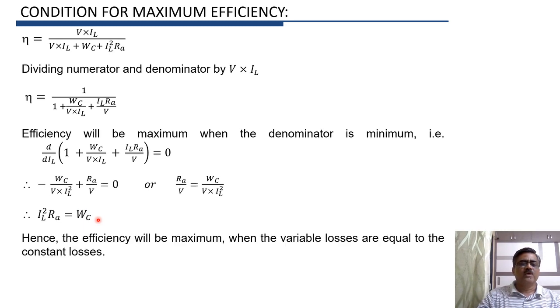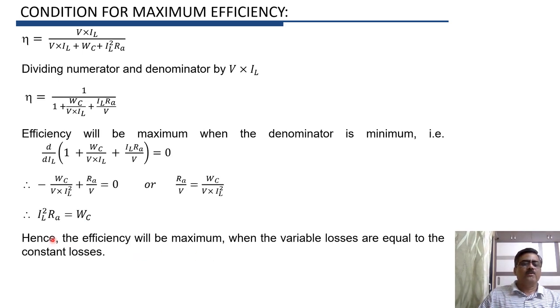And therefore the condition for maximum efficiency is: efficiency becomes maximum when variable losses are equal to constant losses. That is, when IL square Ra is equal to Wc, then efficiency will be maximum.